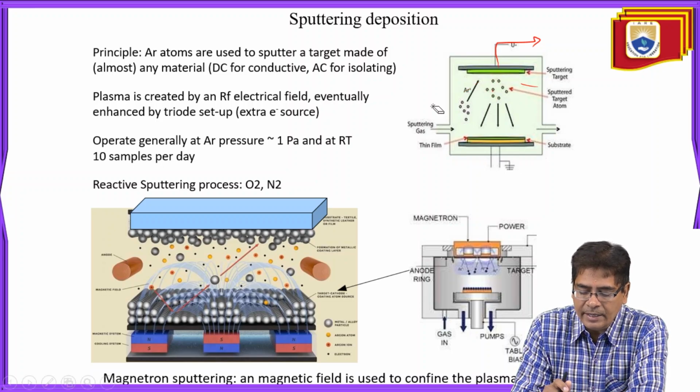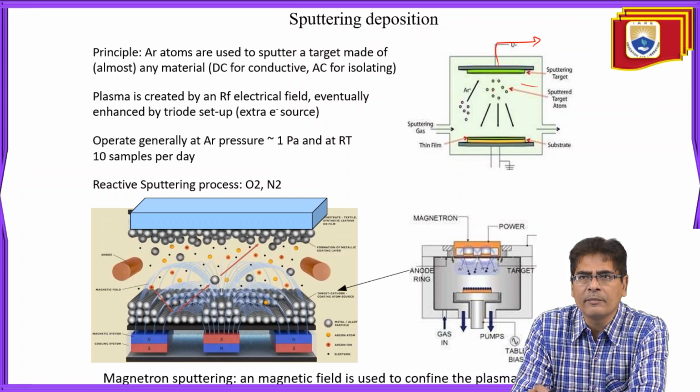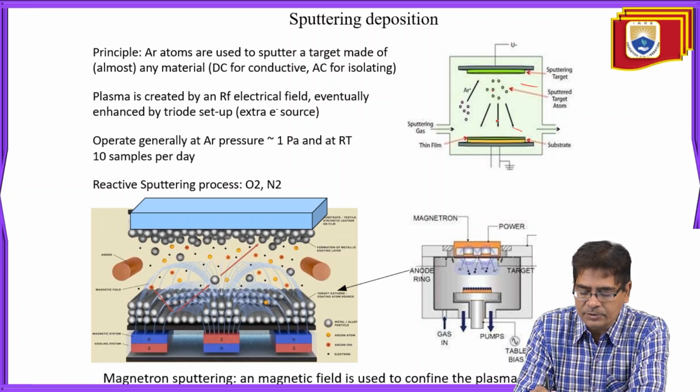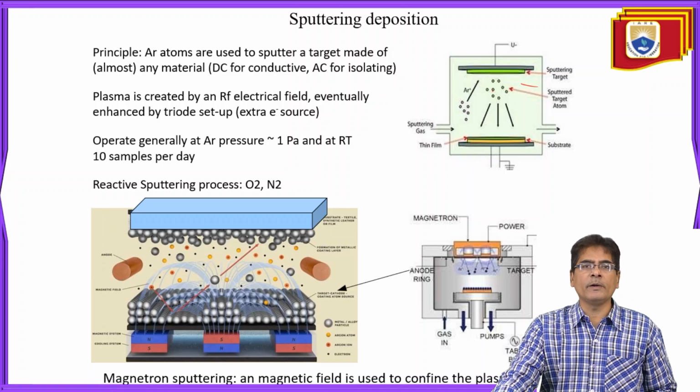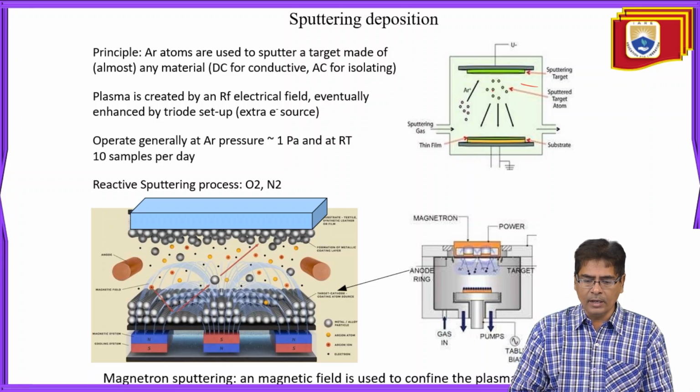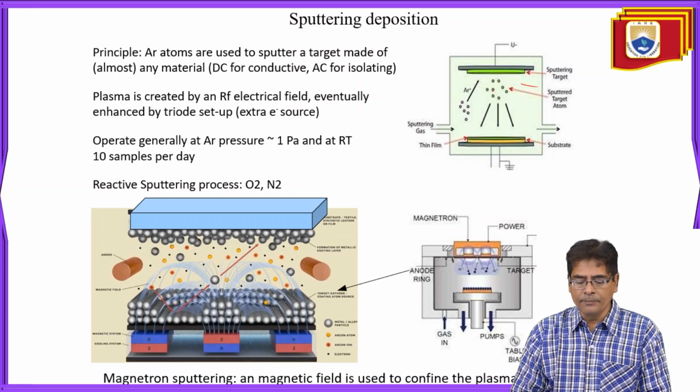When we inlet a higher energy sputtering gas like argon, the ions interact with the electrons and start to adhere on the substrate. In this way the thin films are formed. The reactive sputtering process is around oxygen and nitrogen. So this is how sputtering deposition takes place.